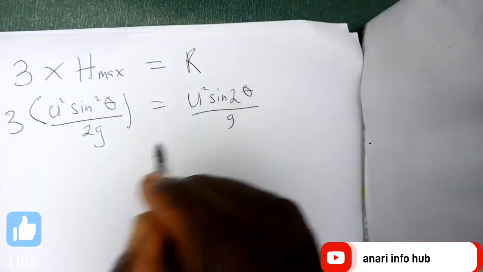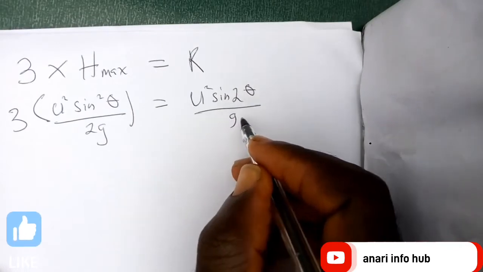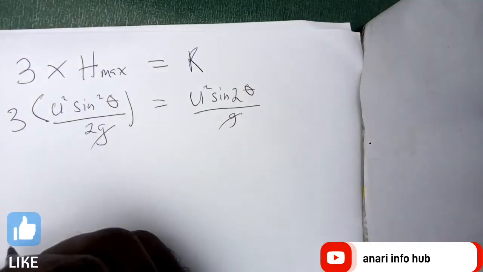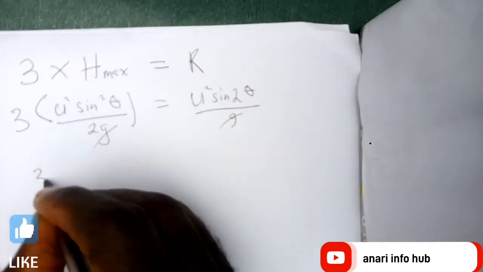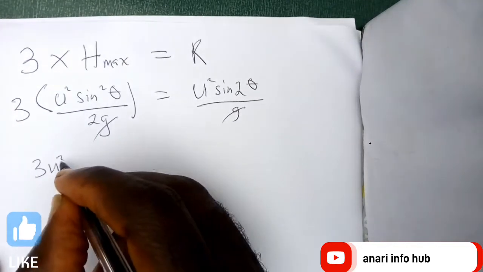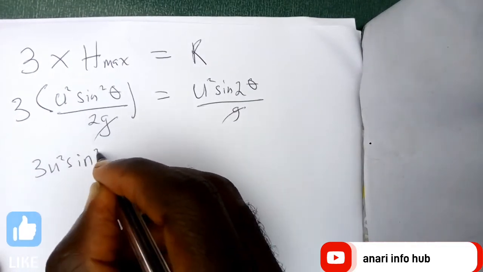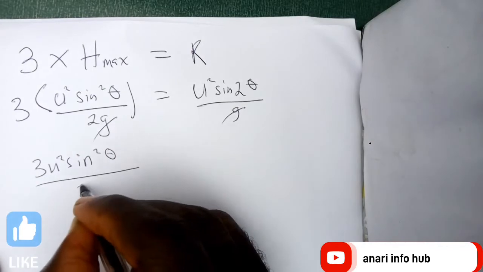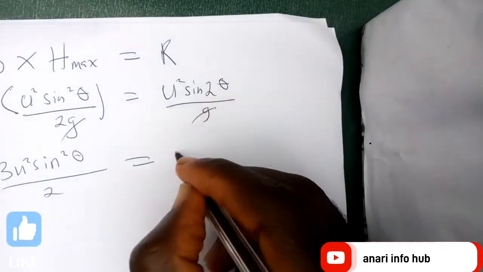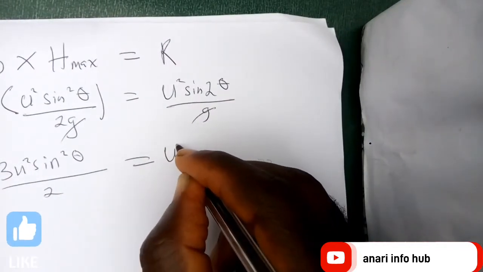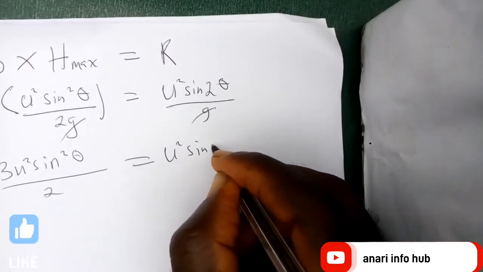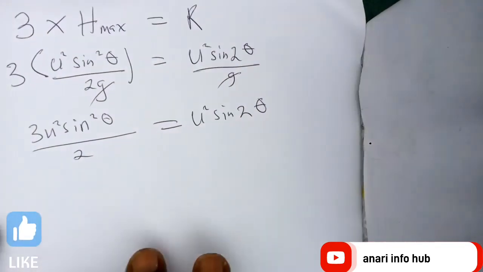Now we have 3u squared sine squared theta all over 2g equals u squared sine 2 theta over g.